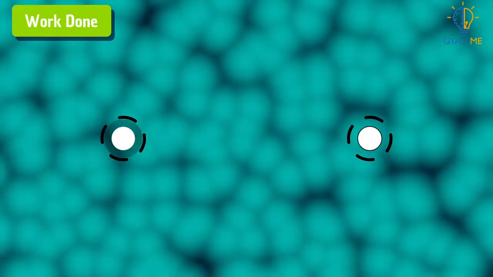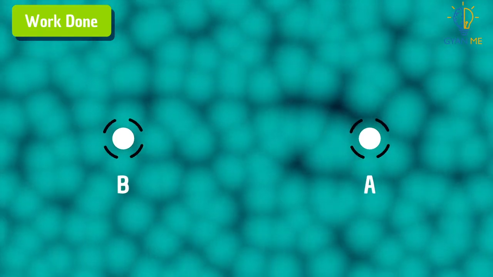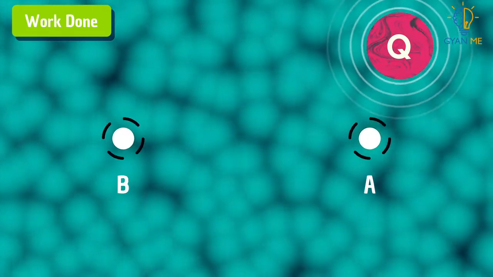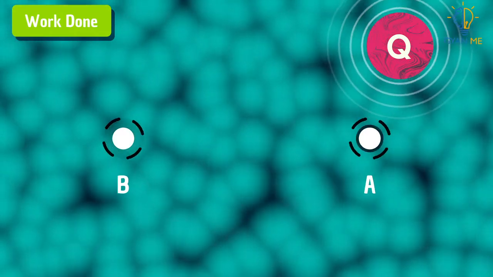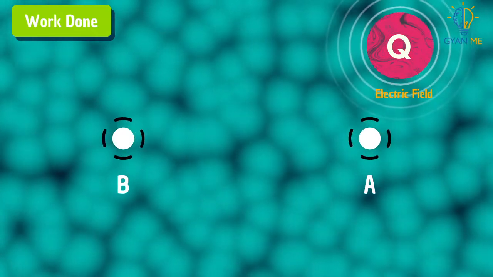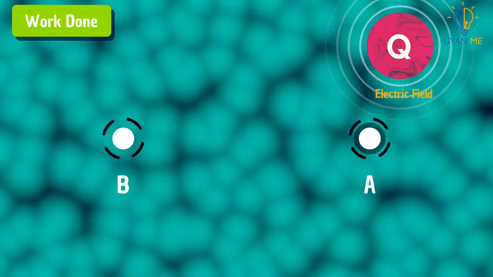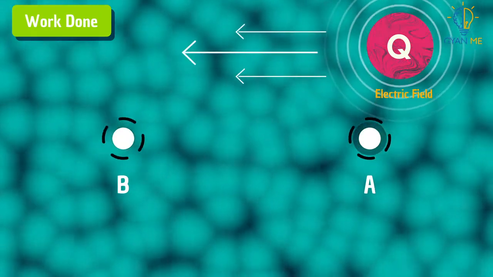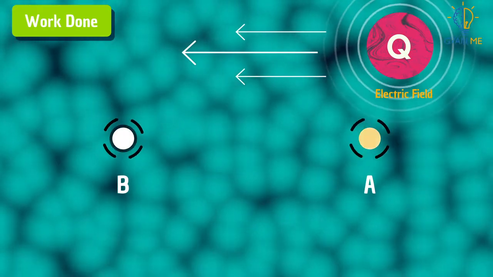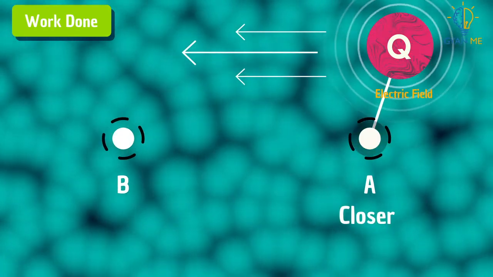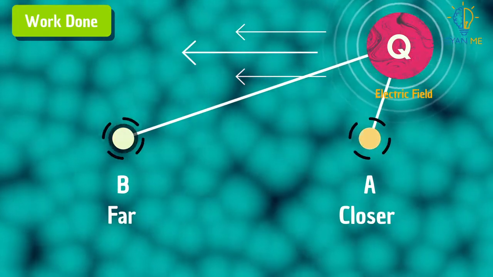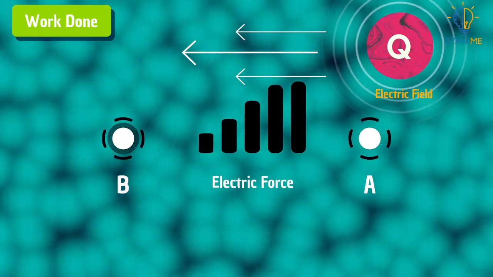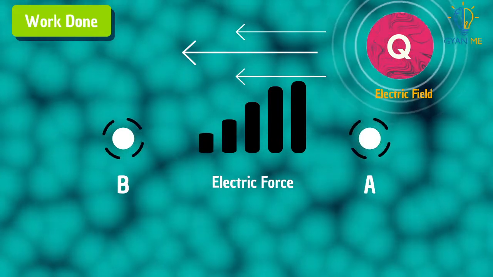Now consider 2 different points A and B in an electric field of a charge Q. Electric field is nothing but area around charge where it exerts its electric force on other charge. Here the area and the direction of force is indicated by arrows. Here point A is much closer to the charge Q than point B. Electric force decreases from point A to B.